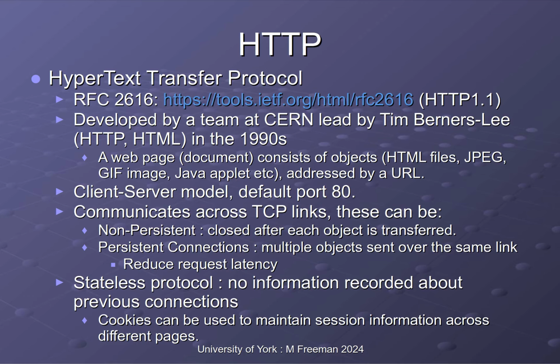Just to introduce some terminology, HTTP uses TCP links, which means that's a reliable connection. And those connections can either be persistent or non-persistent. If they're non-persistent, you request the object, and then that link is closed. And then if you want another object, you have to reopen a new link to the server to transfer the next object.